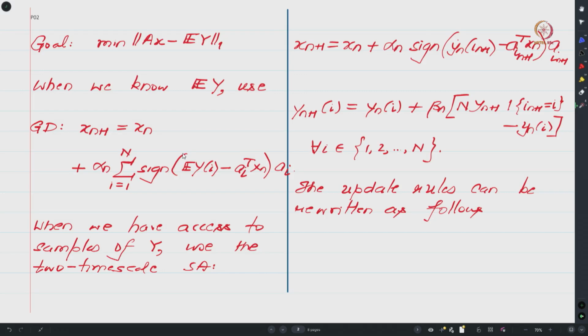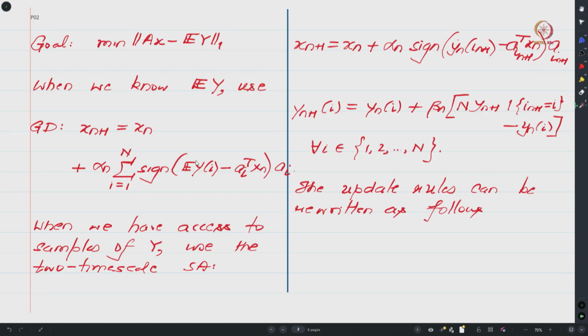So you can see that in this scenario, estimating your y_n on one time scale and plugging that estimate in here makes sense, because if we had directly plugged in here we would not have managed to have such an update rule. However, by going via this two time scale route, at least in an asymptotic sense we are ensuring that this update rule starts mimicking what we would have in the gradient descent case, where recall that gradient descent is the noiseless version of what we want to do, right.